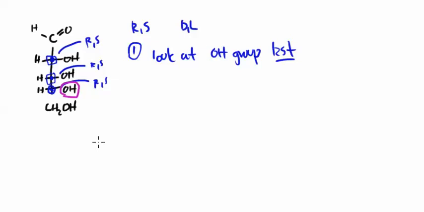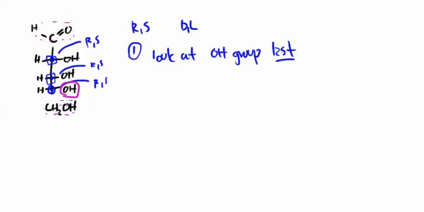We know that they're chiral. We know that they have R and S forms. But if I want to label the sugar as a whole as a D or an L, I'll look at the very last OH group in the backbone. Don't count this one, because this one's the tail, and don't count anything up here if it's there, because that's the head.